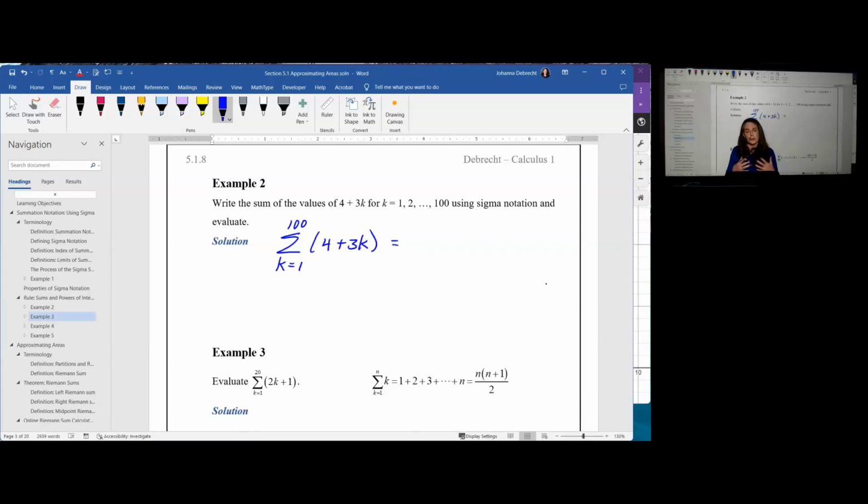Now we want to use the properties and the rules for sigma and summation notation to simplify this. Because I have a sum, I can split this into the sum of two different summations, both from 1 to 100.